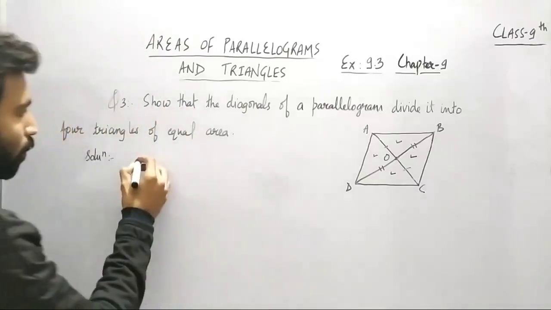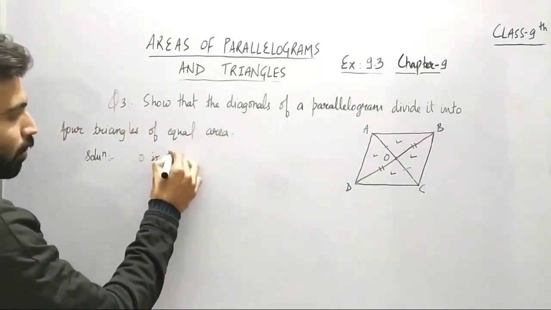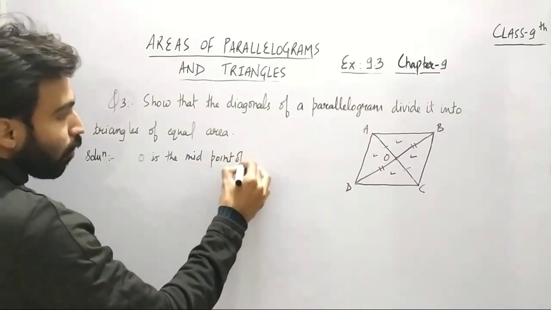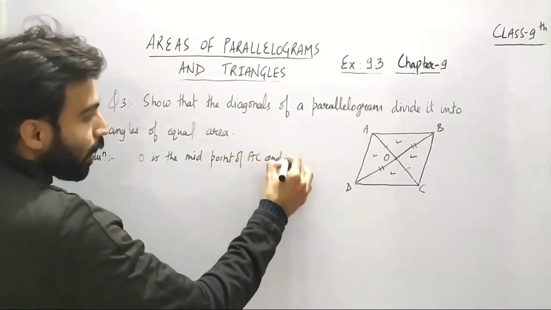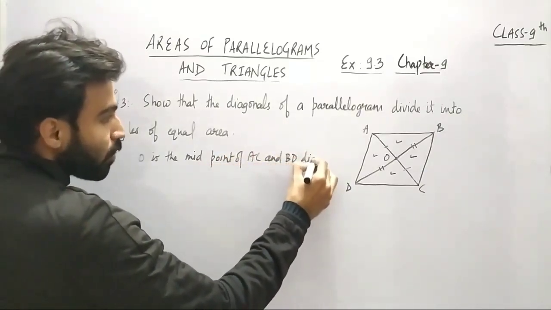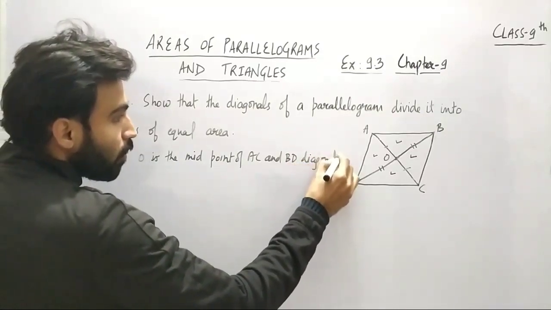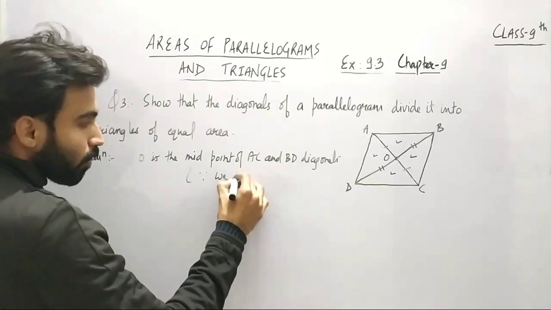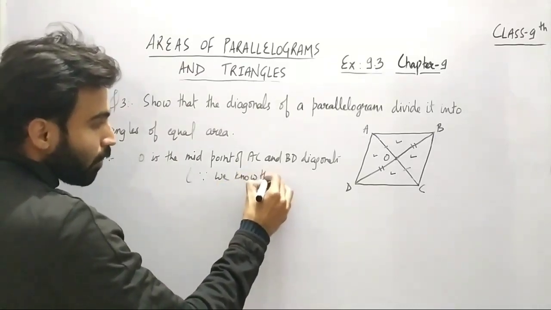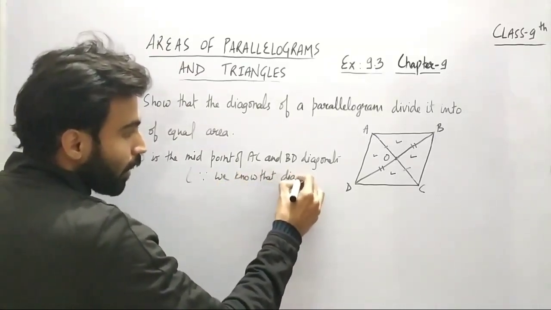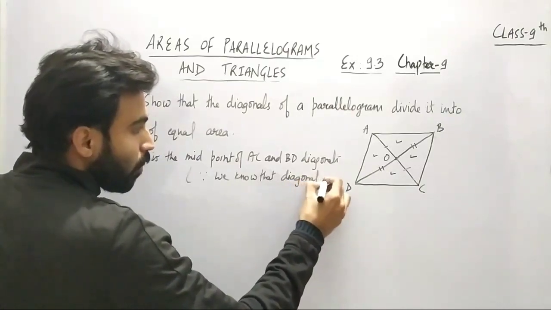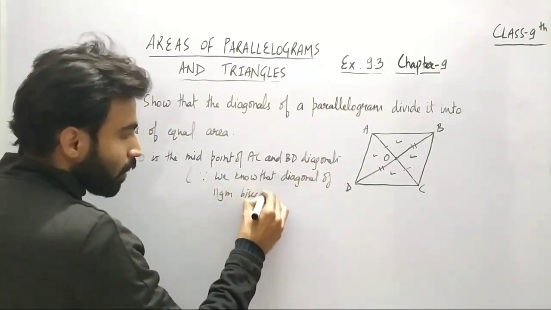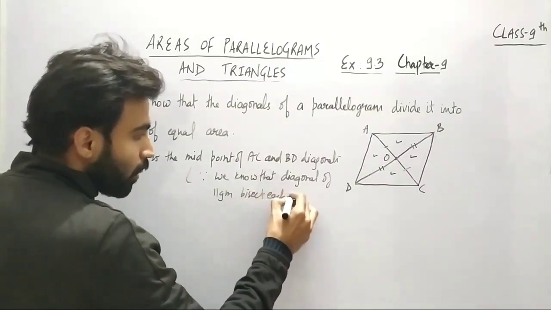So let me just write down that O is the midpoint of AC and BD diagonals. The reason is since we know that diagonals of parallelogram bisect each other.